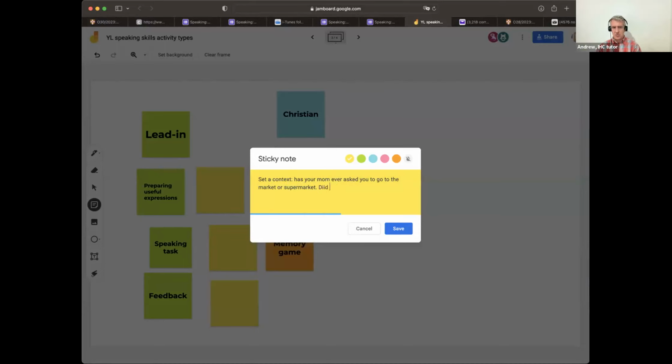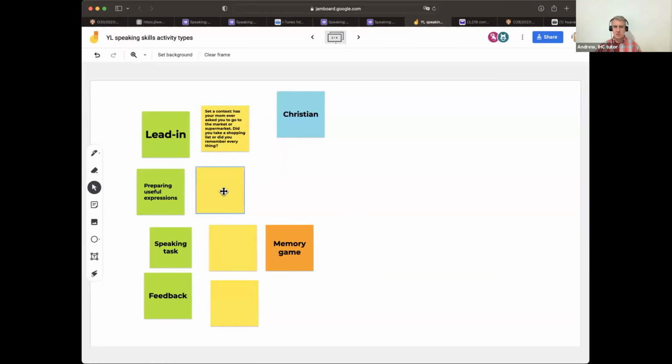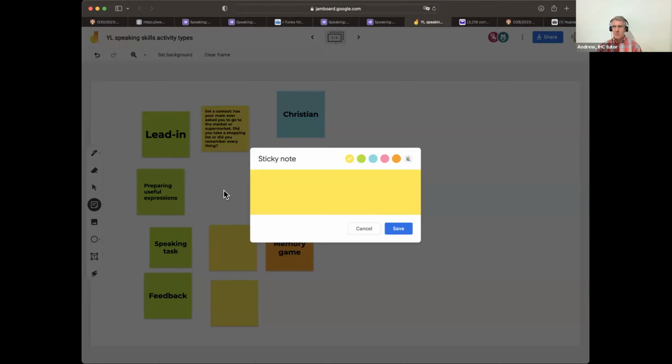Maybe you could ask, did you take a shopping list or did you remember it? So then maybe you could elicit, okay, when your mom asks you to go to the shop or the market or the supermarket, what does she often ask you to get?